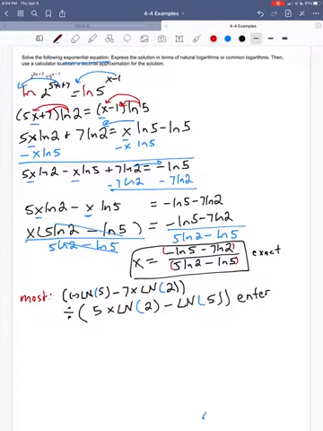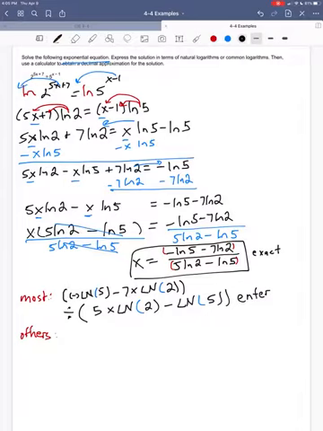Now, if you have a calculator that works sort of backwards, which I'm calling the other kind here, the natural log button works a little differently. I have to put what I want to take the natural log of first and then hit the natural log button second. You still want to put the whole numerator and denominator in parentheses.